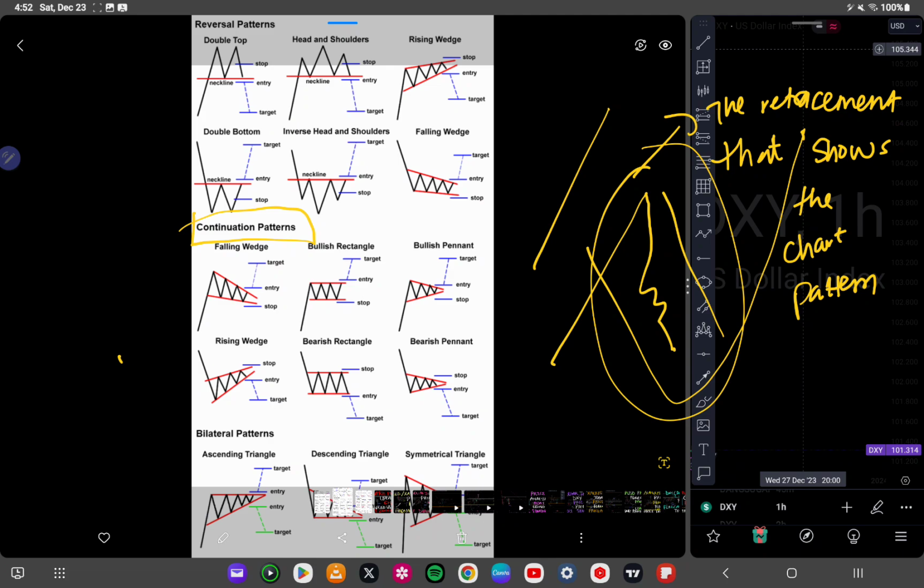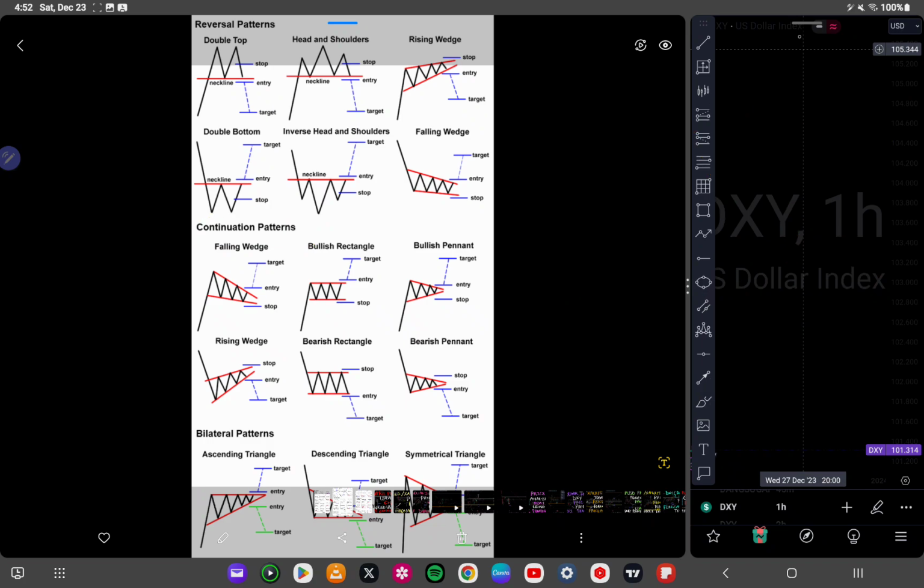That is how you identify patterns. I hope I've used layman's terms and that this is really simple for you to grasp, guys. So now let's talk about continuation patterns. The first one we have here is the falling wedge.